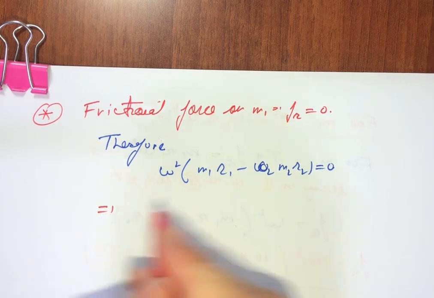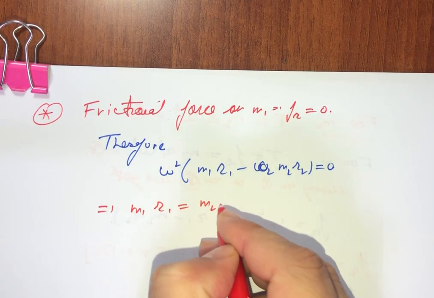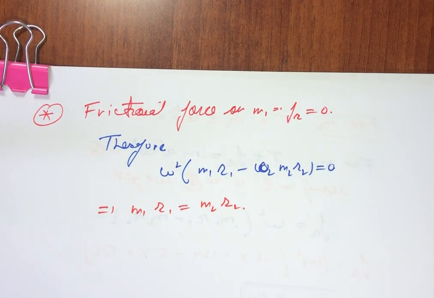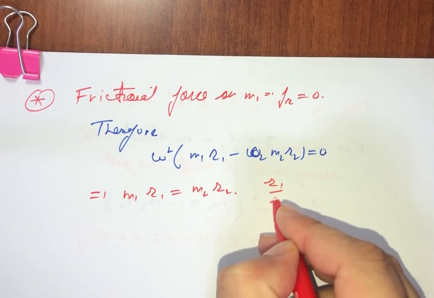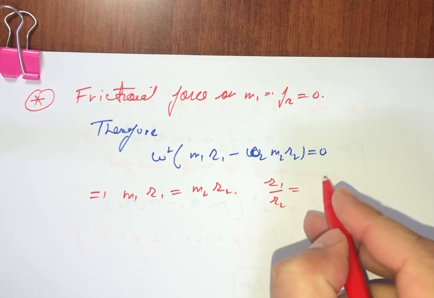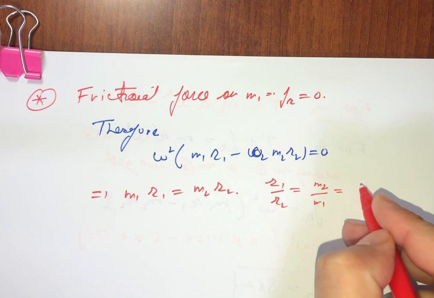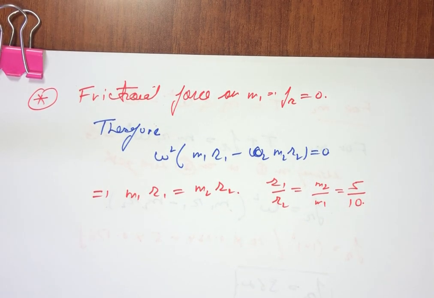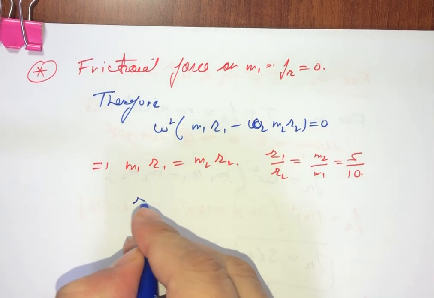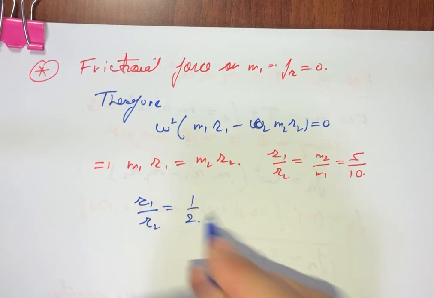So therefore from here we can say that m1 r1 is equal to m2 r2, and we find the ratio r1 upon r2 is equal to m2 upon m1. m2 is 5 and m1 is 10. So we get r1 upon r2 is equal to 1 upon 2.